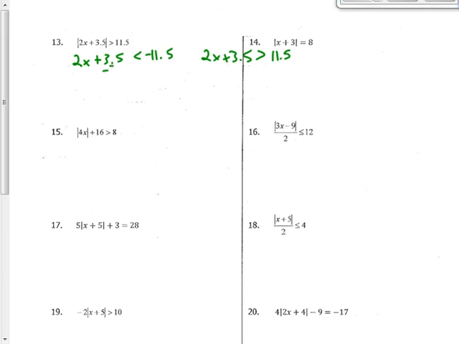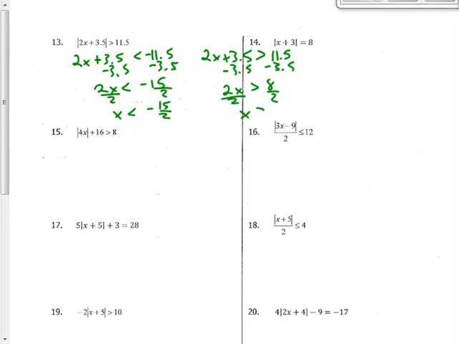So subtract 3.5 from both sides. 2x less than negative 15 here, divided by 2. x is less than negative 15 halves. Now you could turn that into a decimal. That would be fine. I don't have an issue with decimals, and you shouldn't either.